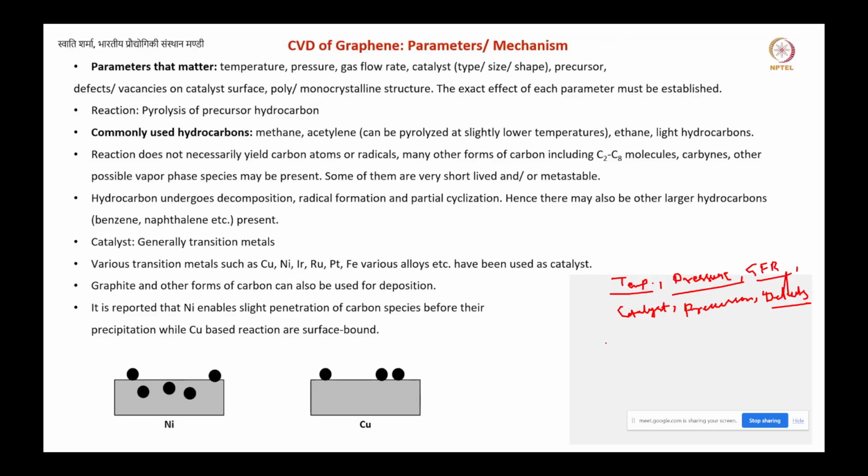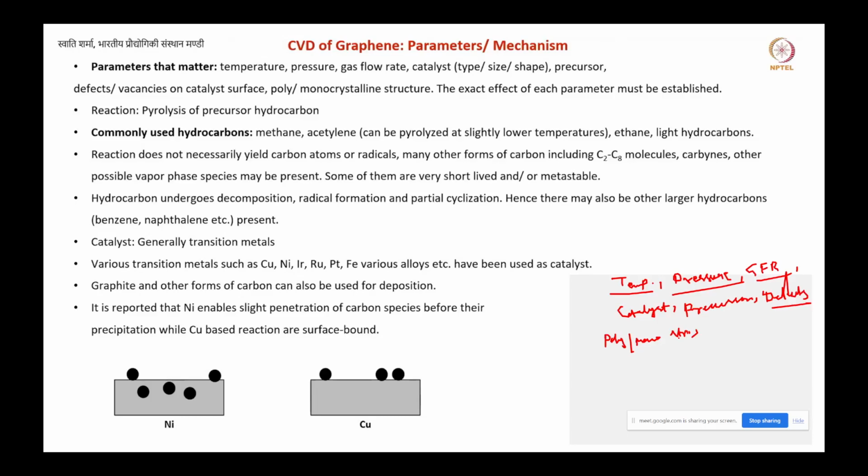The next is your poly or monocrystalline structure. Whatever material you are using, you should know whether it is polycrystalline or monocrystalline. That also affects the process, because if it is polycrystalline, then the structure is different, and the shape and size will also change.